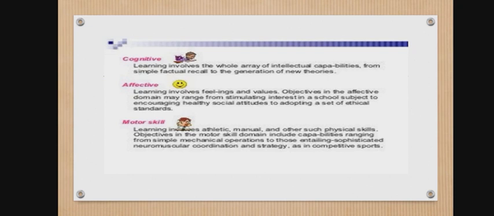When you say motor skill, we have learning of athletic, manual, and other such physical skills. The objectives in the motor skill domain include capabilities ranging from simple mechanical operation to those entailing sophisticated neuromuscular coordination and strategy, as in competitive sports.